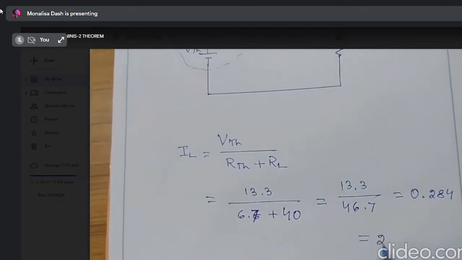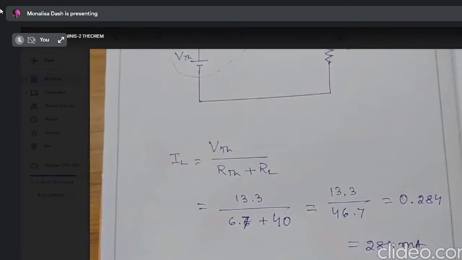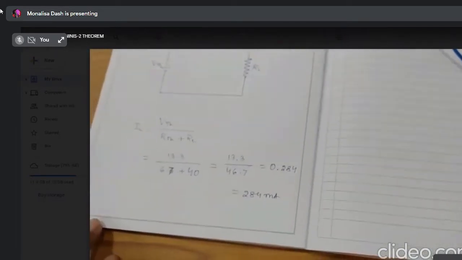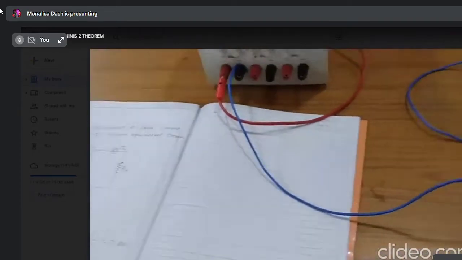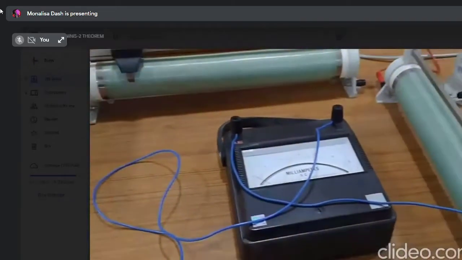So this is 284 milliampere. It is nearly equal to the theoretical value.